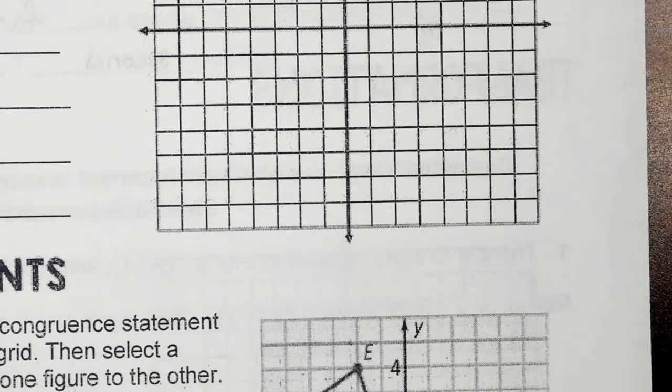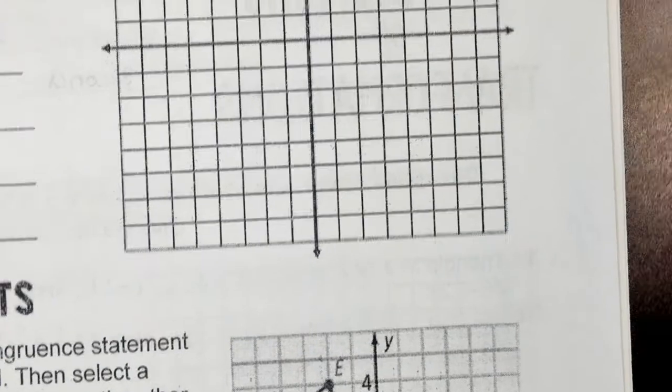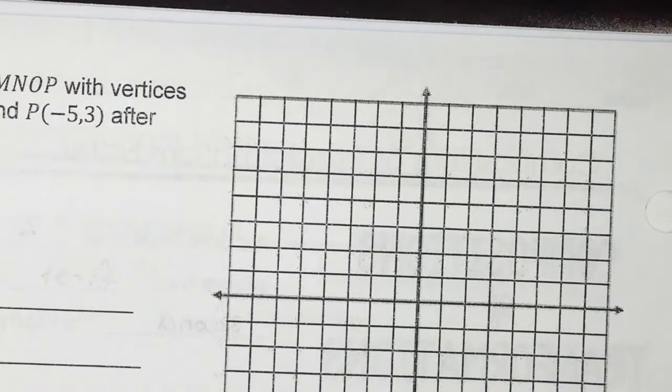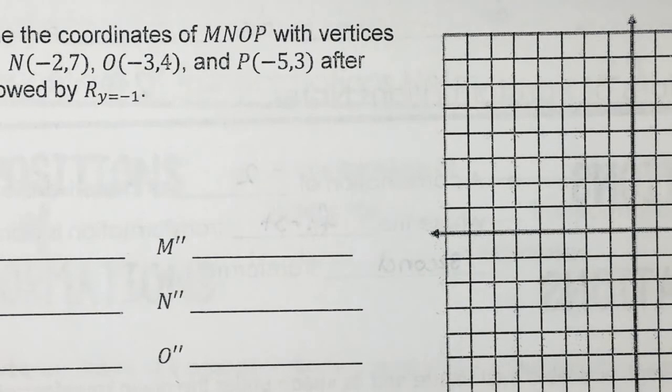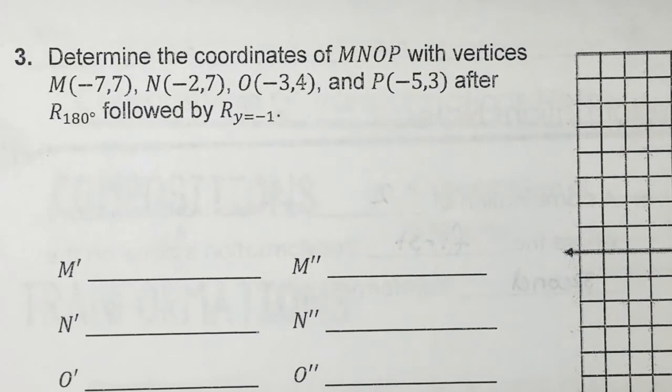Just light work. On the back. Number 3. So on this one, they want to know the coordinates of the image after rotation 180, followed by reflection over y equals negative 1.